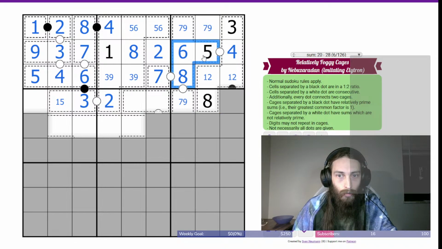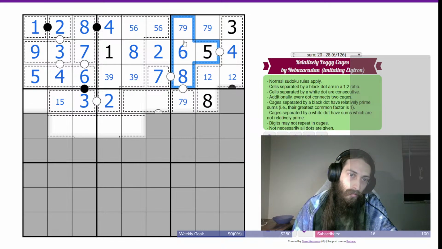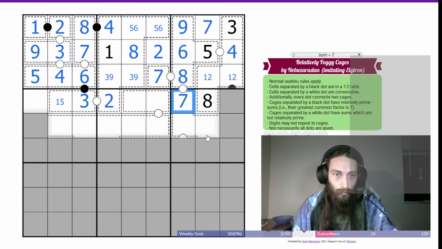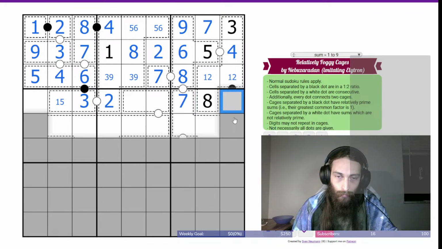And then 11, 19. 19 and 7 would be 26, which I don't think is divisible, so that's a 9 for 28, which I know is. Well, this is going to have to be... Yeah, so that's a 1, that's a 2, that's a 1.